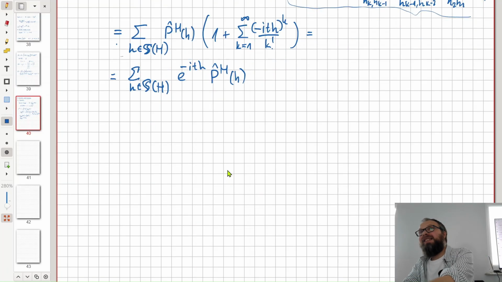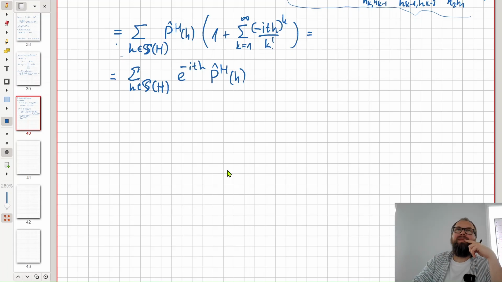I had a question. The exponential series and other series are nice because they're absolutely convergent. But what if somebody wants to evaluate a function of an operator which does not have such a nice series expansion?